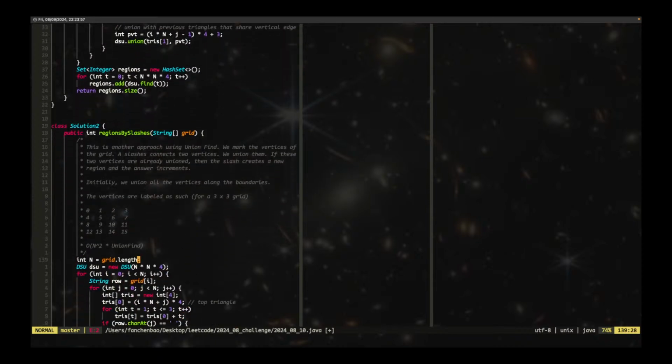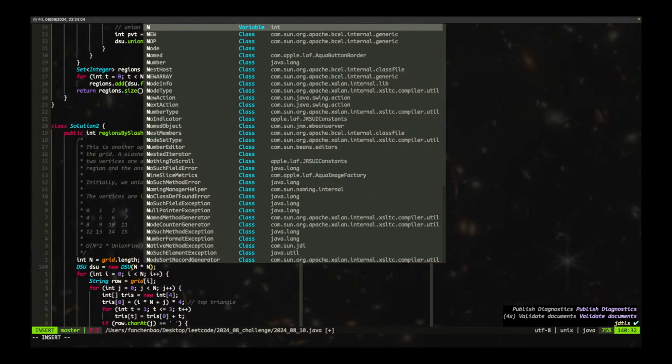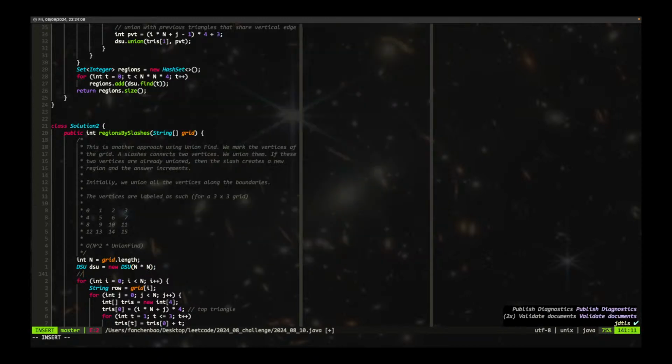Alright, so the grid length is just going to be n by n, right? And then union all the vertices along the boundary.